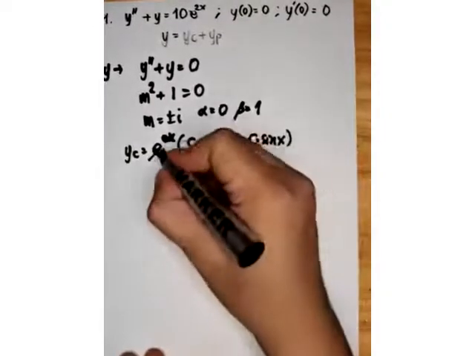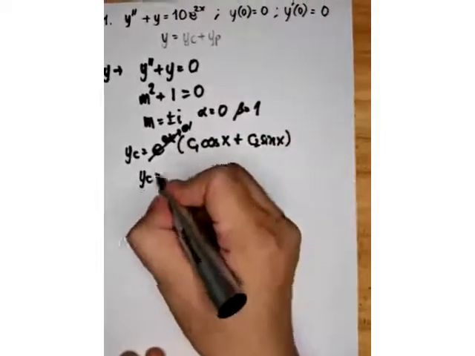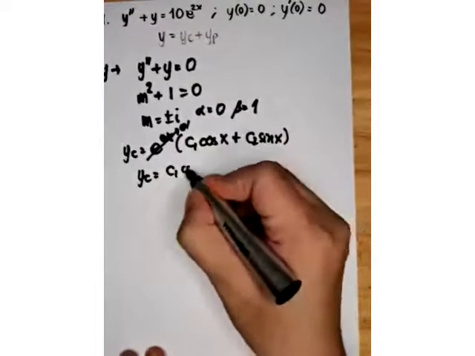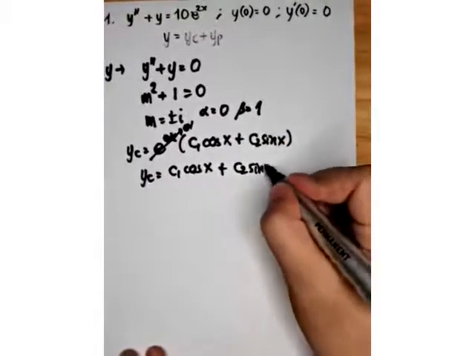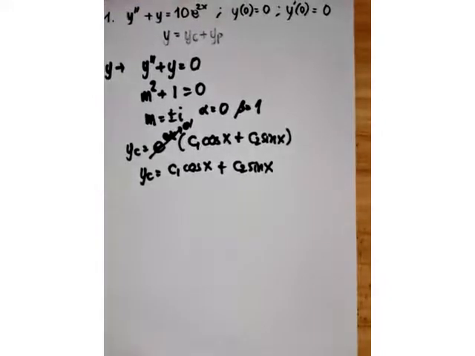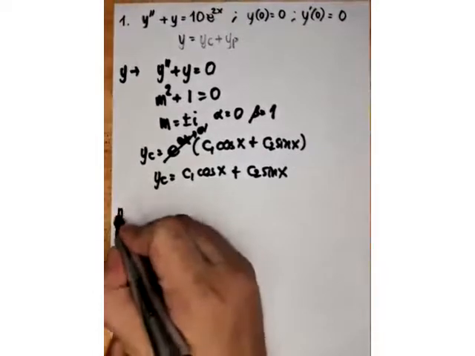But e raised to 0 is 1. So therefore, y sub c is equal to c1 cosine x plus c2 sine x.